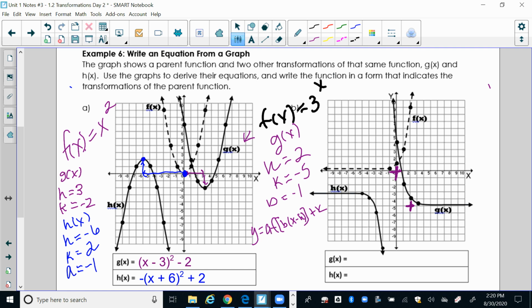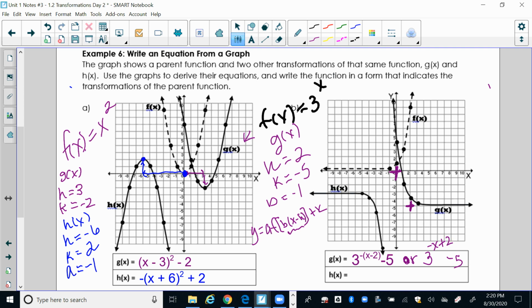So we put this all together with our b, k, and h values, and we get the function for g of x is 3 to the power of -1 times x minus 2, minus 5. Or if you did want to have that negative value distributed in, you can. But I prefer to keep it in standard form, keep that b factored out. But you could distribute it in, and then it would look more like the practice that we just did.